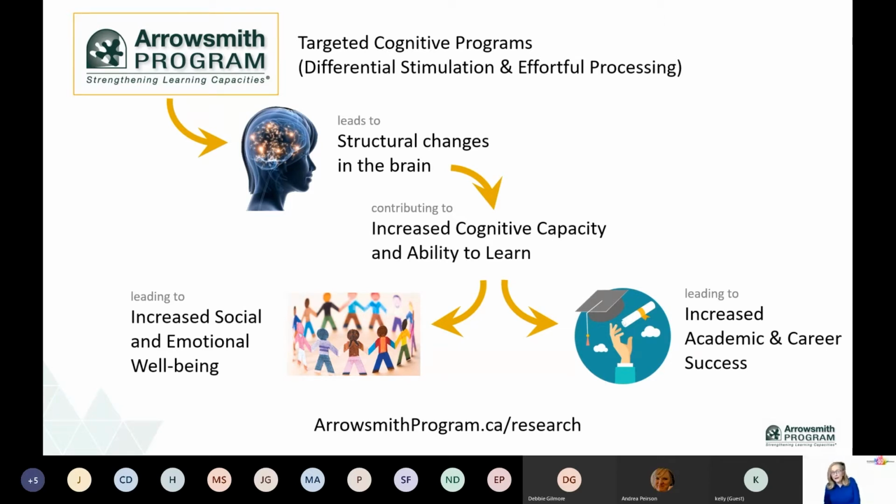The idea of effortful processing, which means, as you've probably watched your children go through this program, that they master something and then we make it harder because it is forcing the brain to process in an effortful way to strengthen that function. So this leads to structural changes in the brain, which increases cognitive capacity and the ability to learn, which then leads to increased social and emotional well-being, and increased academic and career success.